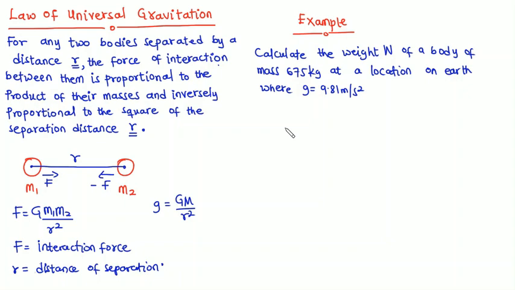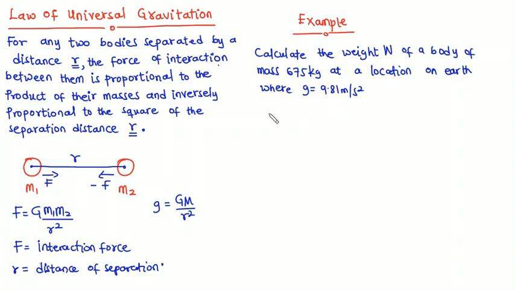Let's look at how you are going to calculate this. You see that the question was specific. It is telling us to calculate the weight force of a body of mass 675 kilogram at a location on Earth where the acceleration due to gravity is 9.81 meters per second squared.